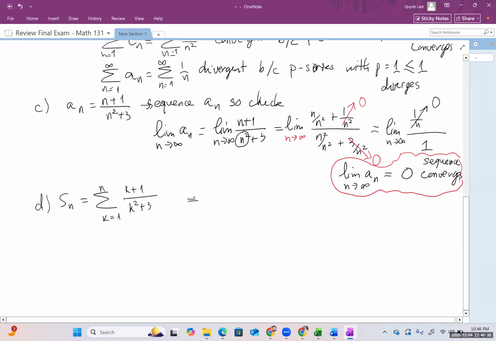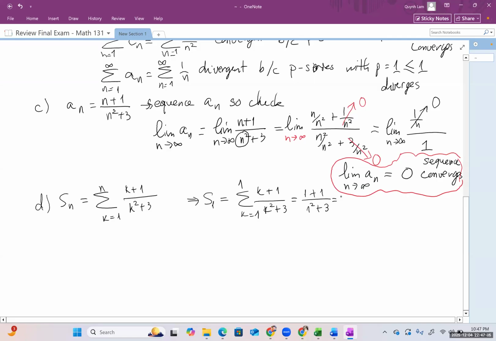So if I'm going to say S1, that means I'm going to change all the n to be 1. So k equal to 1, the sum of k plus 1 over k squared plus 3. That gives us, now I'm going to input 1 into k, 1 plus 1 over 1 squared plus 3.